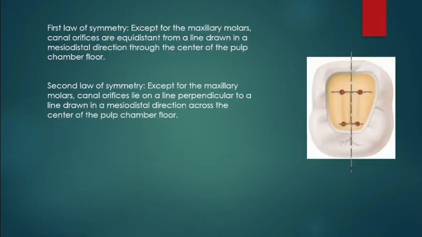The coming two laws are the law of symmetry 1 and law of symmetry 2. The law of symmetry 1 states that except for maxillary molars, the orifices of the canals are equidistant from a line drawn in a mesiodistal direction through the pulp chamber.